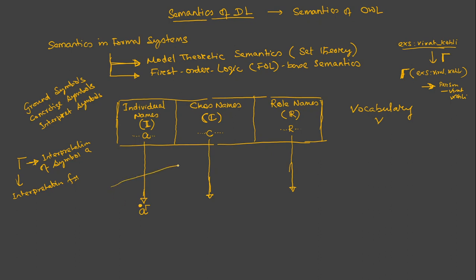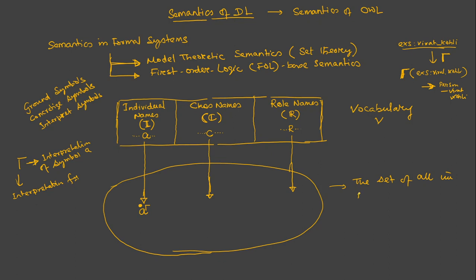So this set, we consider a set which is basically the set of all the individuals, and we represent that with say delta, right? And this dot, as you can see here, this A gamma belongs to the delta, right?